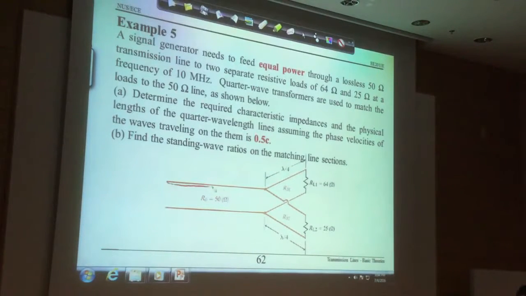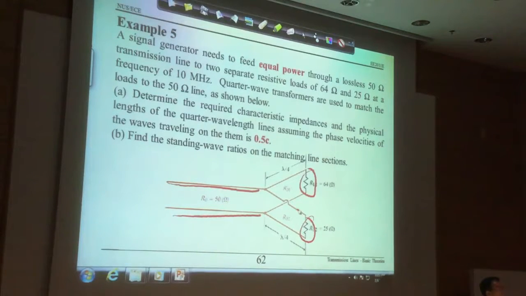We have the transmission line, and the power is equally divided to the load, which is two antennas.